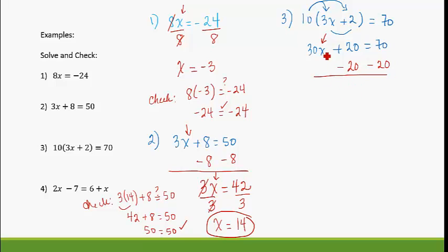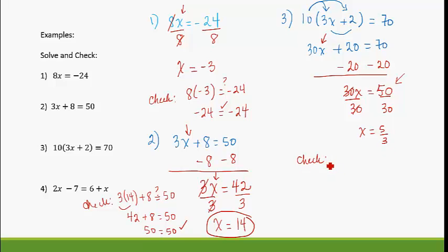And when I do that, I'm going to end up with 30x plus 0 equals 50. And then I can divide both sides by 30 because I have my variable term by itself and my constant term by itself, and then I want to get my variable by itself. Isolate the variable, and when I do that, x is equal to 5 over 3.